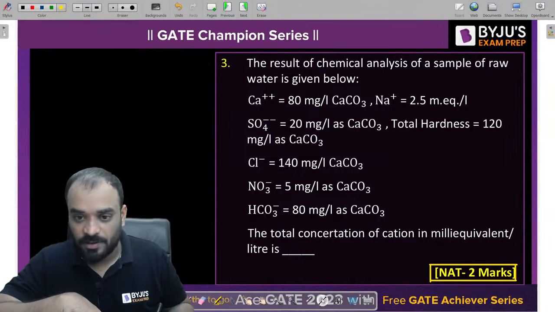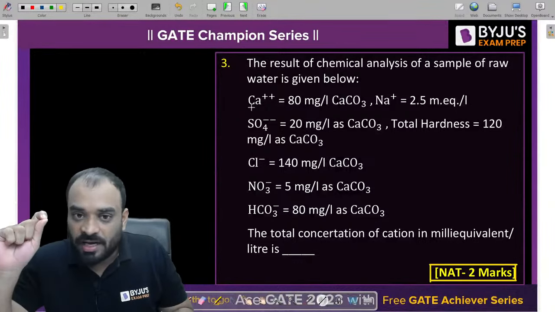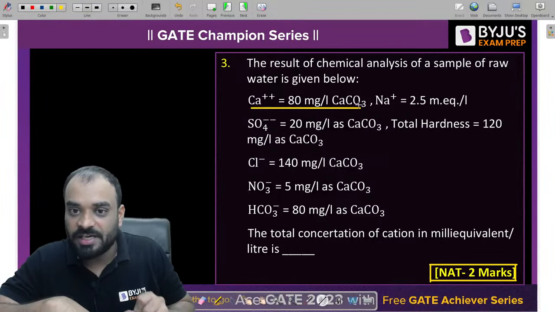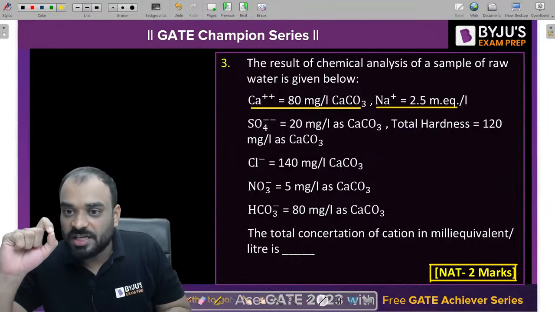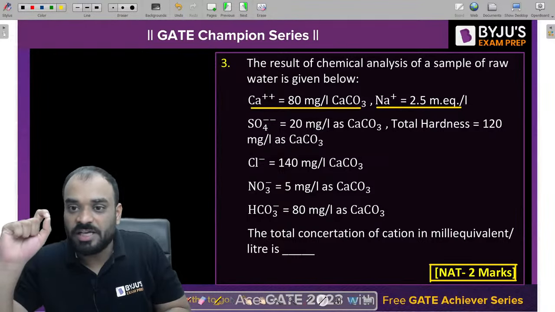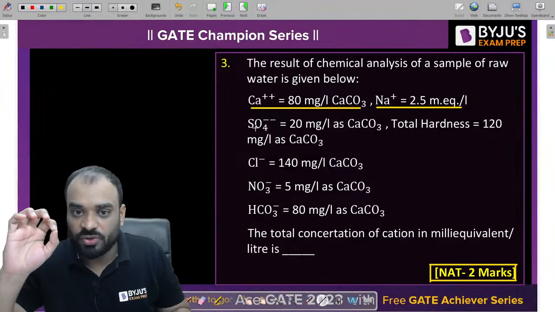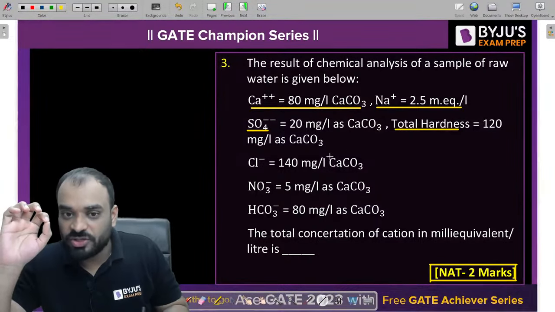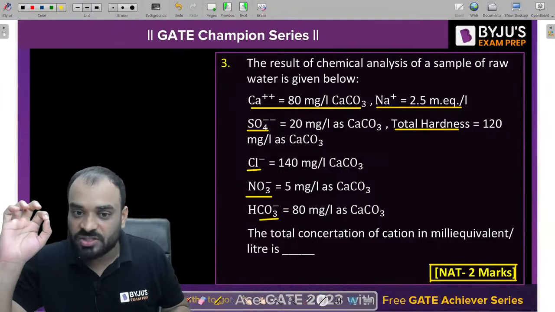Okay, let's move further. So guys, what is given in the question? The calcium ion concentration is known to us, that is 80 milligram per liter as CaCO3. They have directly given the concentration of sodium in milli equivalent per liter. They have also given other concentrations, like SO4 2 negative, total hardness, Cl negative, NO3 negative, and HCO3 negative.